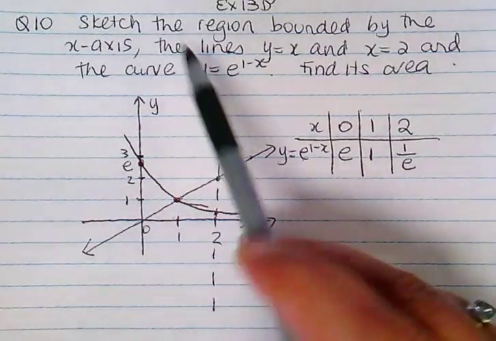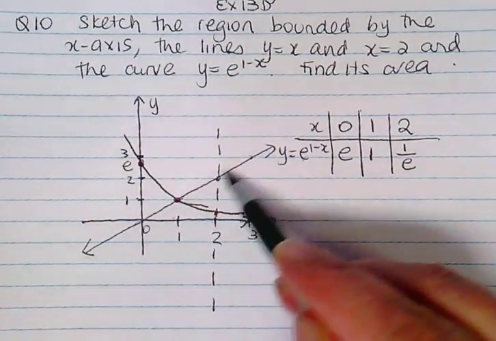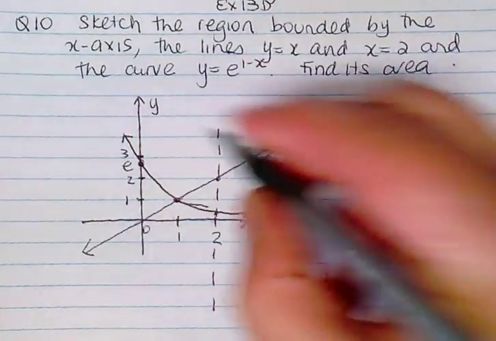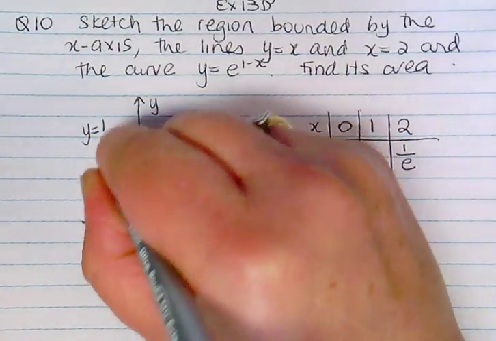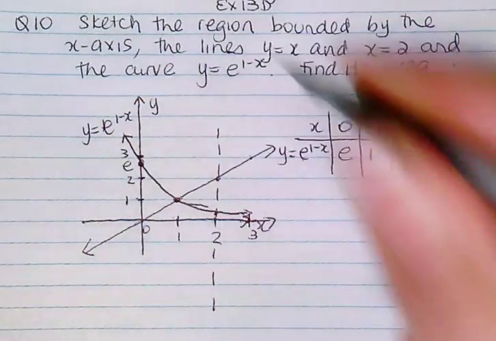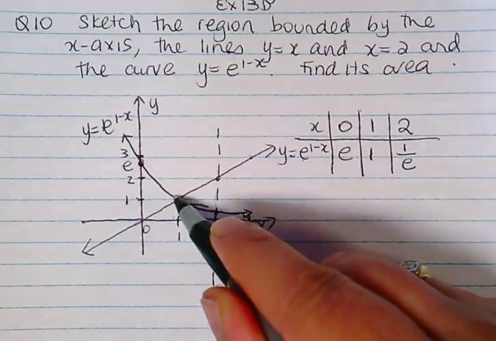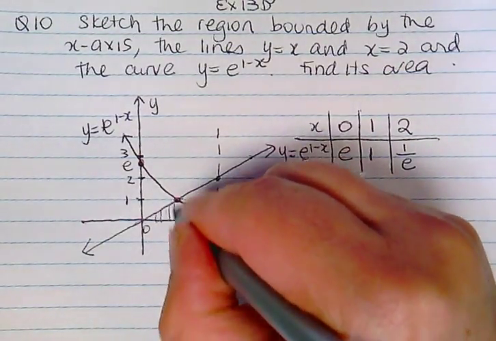So again, sketch the region bounded by the x-axis, the line y equals x, x equals 2, and the curve y equals e to the 1 minus x. So by this line, this curve, and this line, it looks like we're finding the area in here.